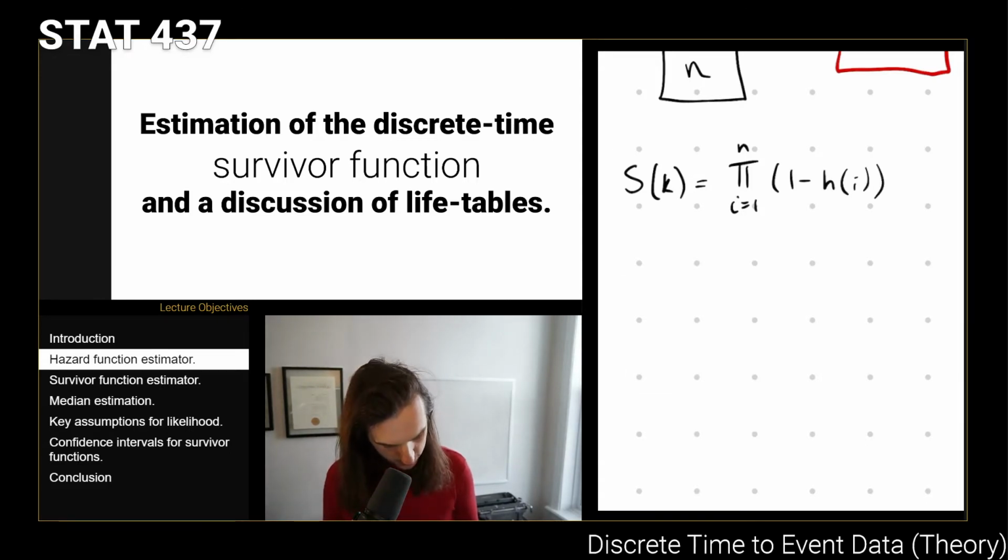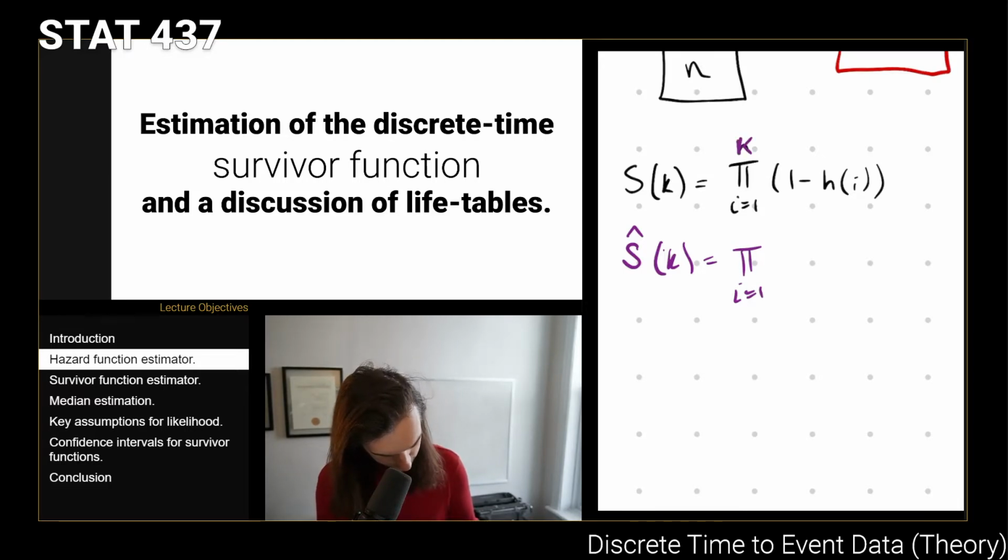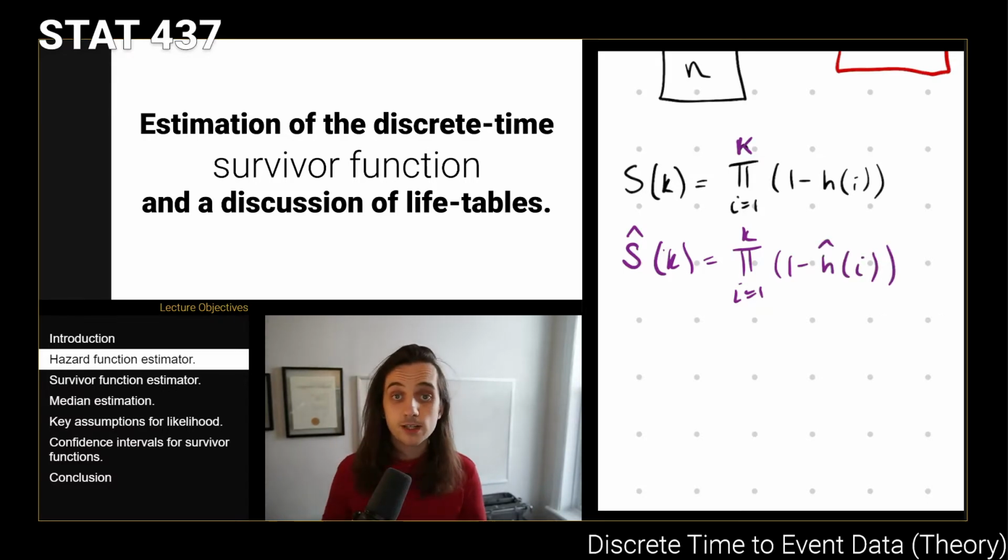And so, exploiting this, there's this natural estimator where we can plug right into this expression, of 1 minus h hat, right? And this gives us a really natural way of estimating the survivor function, which is based on the validity of the hazard function. Okay? And so it just becomes this cumulative product that we take in order to estimate our survivor function.